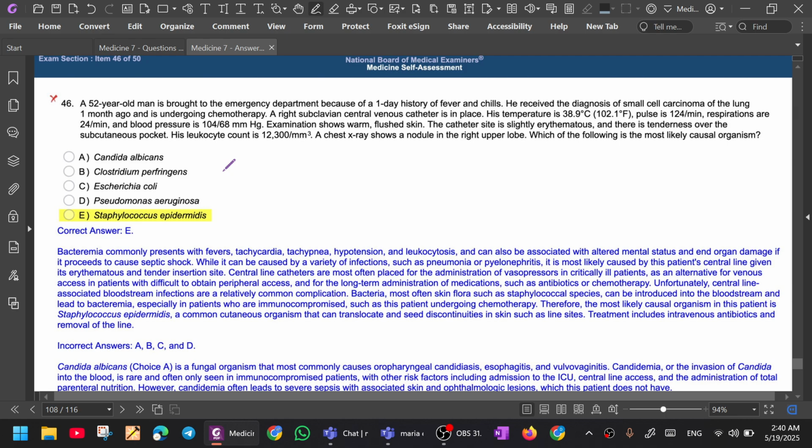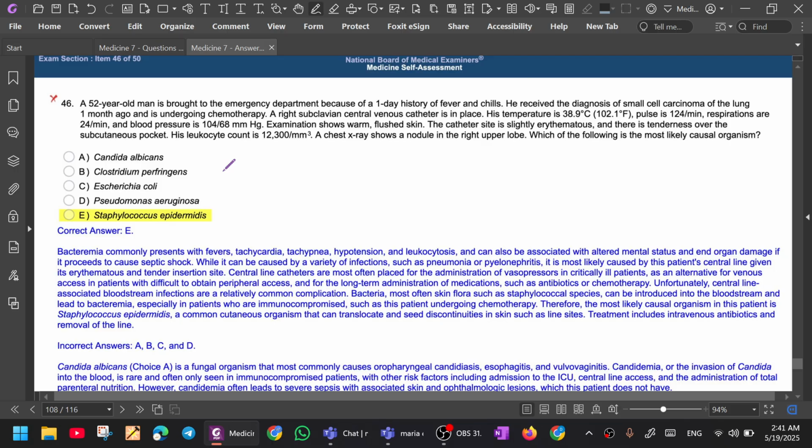Unfortunately, central line associated bloodstream infections are a relatively common complication. Bacteria, most often skin flora such as Staphylococcus species, can be introduced into the bloodstream and can lead to bacteremia, especially in patients who are immunocompromised, such as those undergoing chemotherapy.